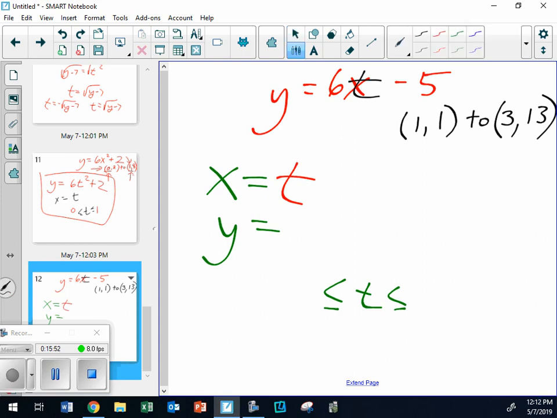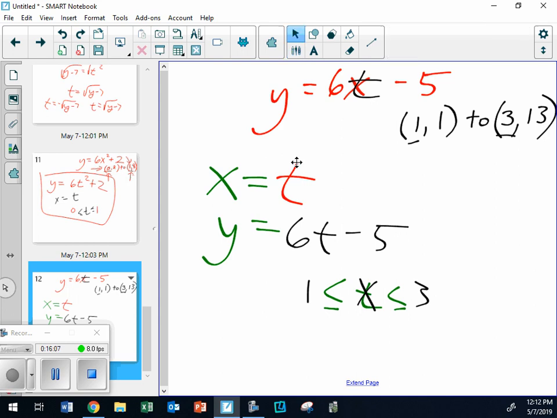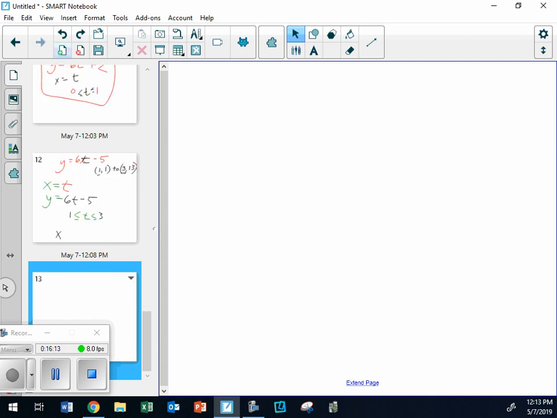So that means that's 6t minus 5. And then I just have to have my domain in t's. They used to be in x's, right? So it was 1 to 3. And x equals t, so it's kind of like x is between 1 and 3, except it's not x. It's t. There we go. Raise your hand if you had that one right. Awesome.